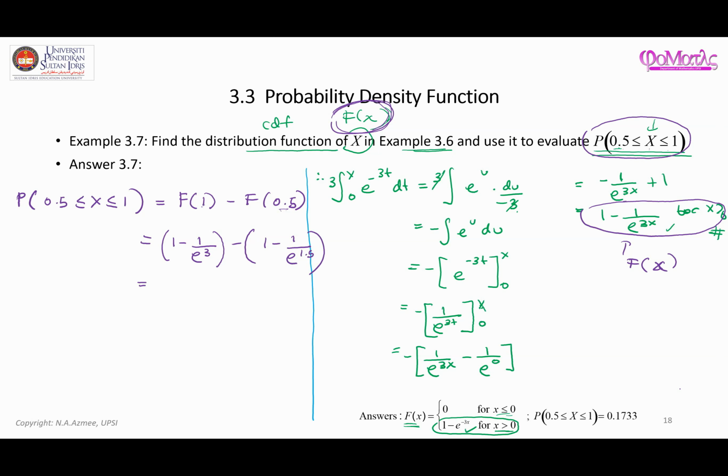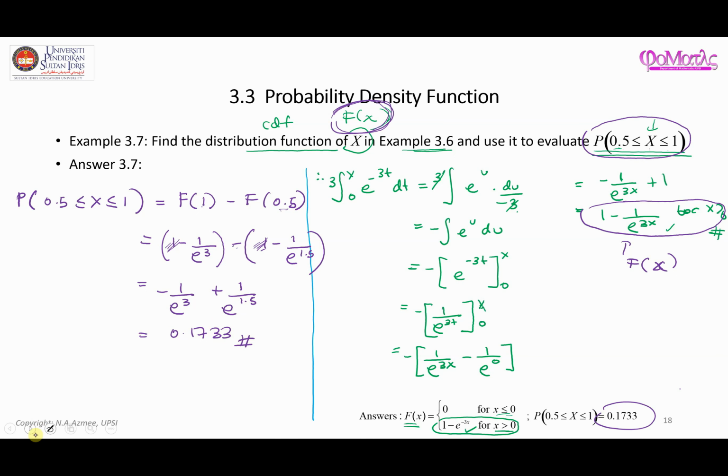You can take out the bracket, and you will see that the 1s cancel out, and we will have negative 1 over e^3 plus 1 over e^1.5. Taking out your calculator and punching in the numbers, you should get that the result is 0.1733.